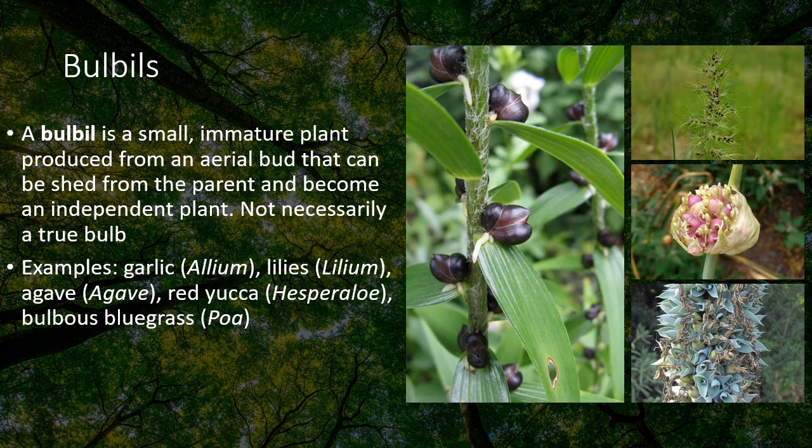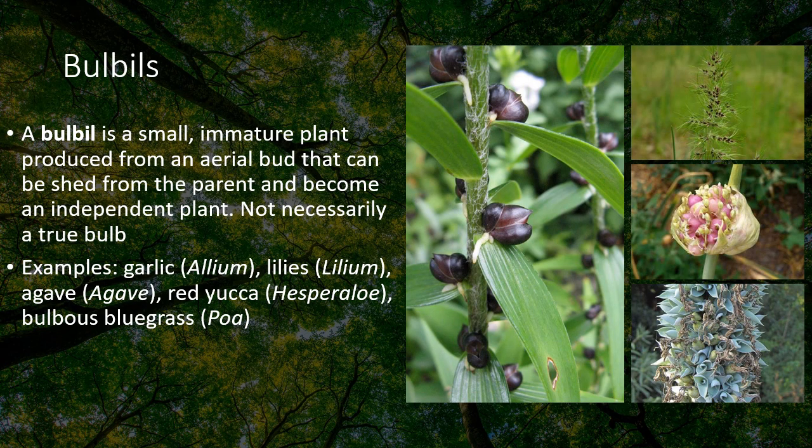Bulbils are really interesting. So we've talked about bulbs and their basal plates, and we've talked about bulblets. Bulbils are not the same as bulblets. For starters, bulbils form above ground, and a bulbil is basically a small, immature plant that develops from an aerial bud. So if we look at this left-hand image, this is a lily, a true lily in the genus Lilium. And where we should have an axillary bud, and I should say we do have an axillary bud, but the axillary bud has actually developed into kind of a baby plant of its own.